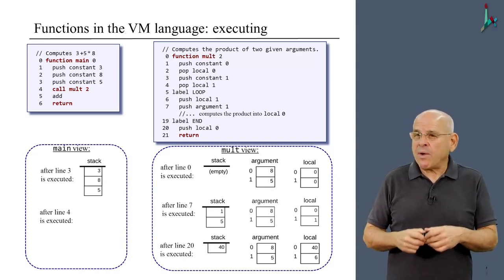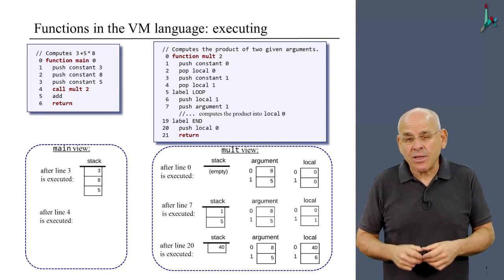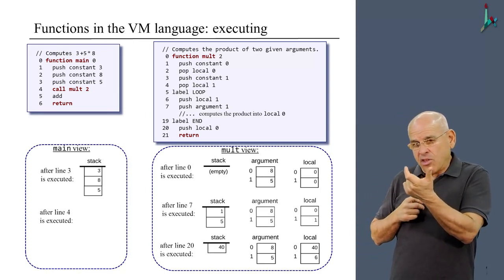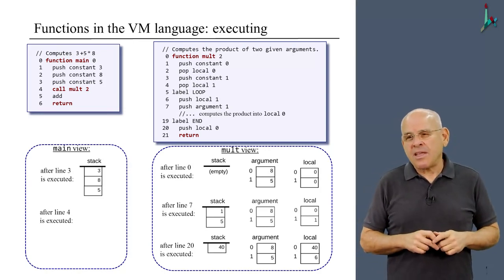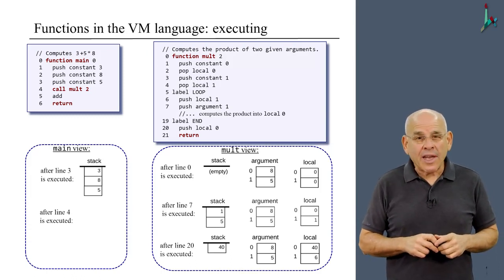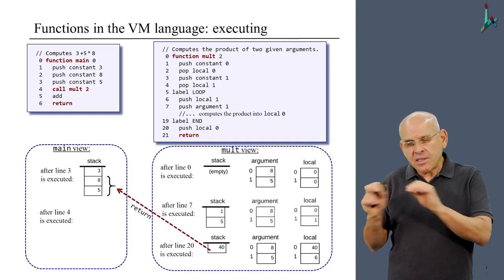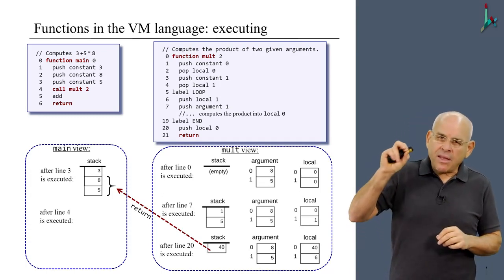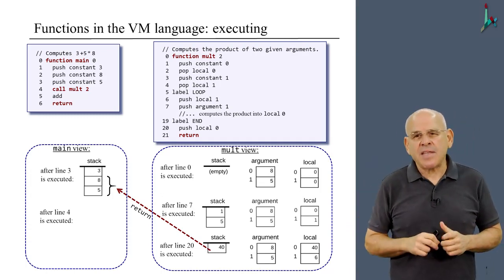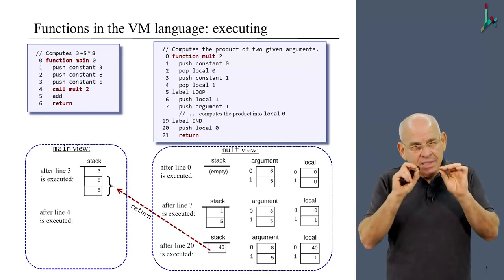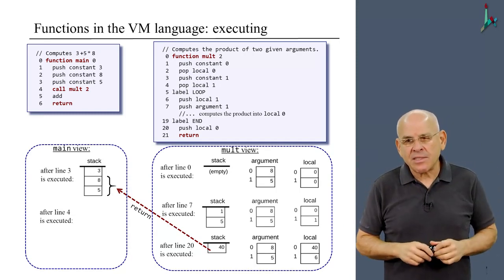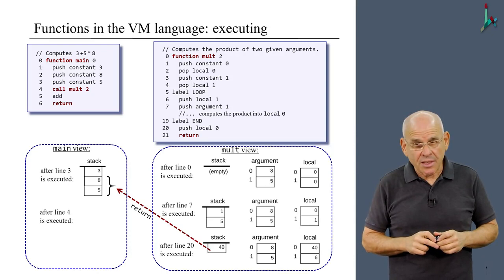And in particular, when we say return, the VM implementation takes the topmost value in the stack of the callee, and it does the following trick. It takes this value and it puts it on the stack of the caller instead of the arguments that were pushed previously.